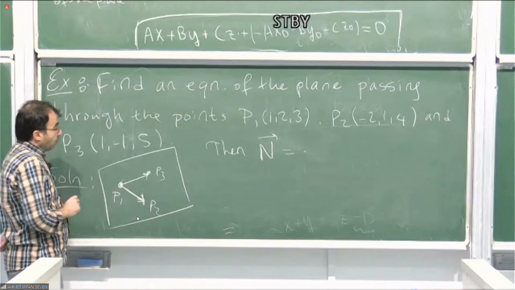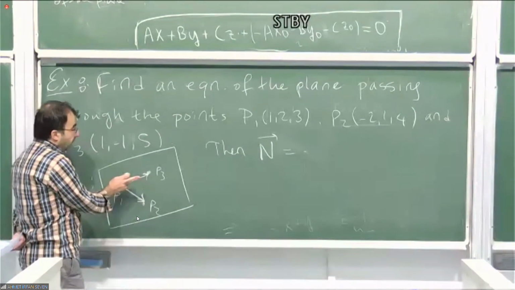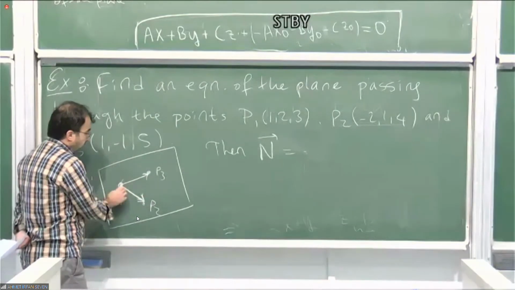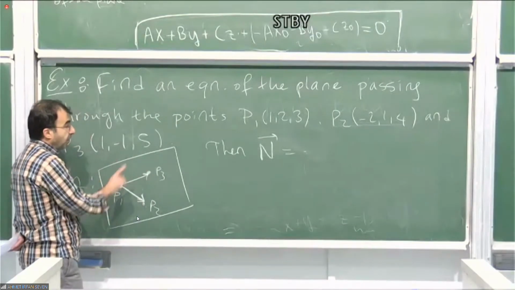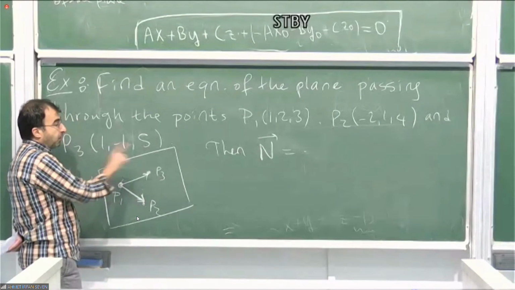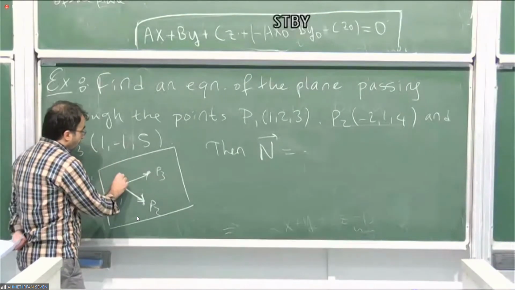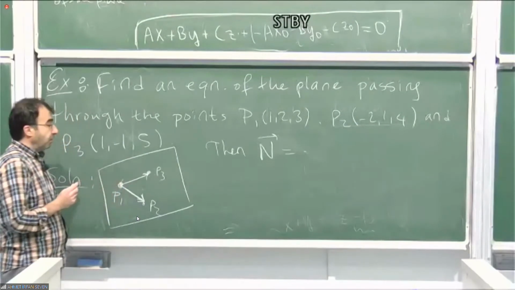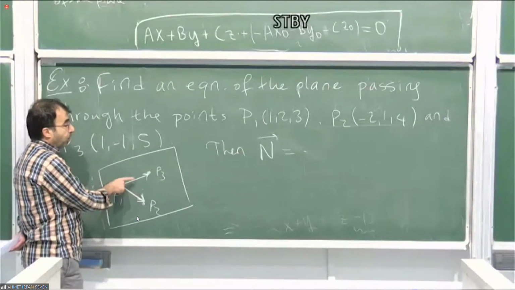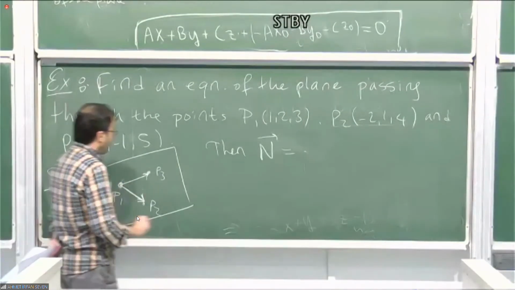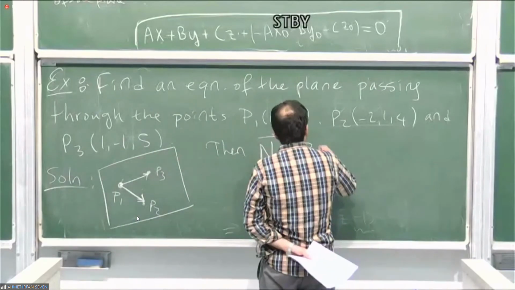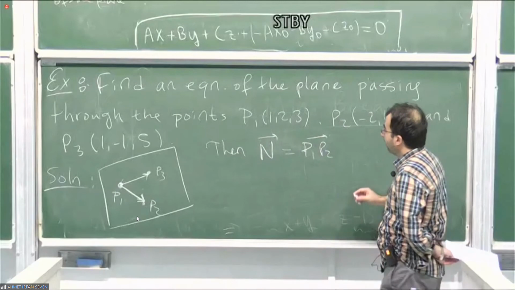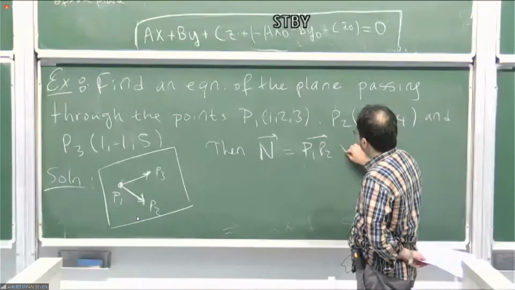Then, if I find a vector which is perpendicular to both of the vectors P1P2 and P1P3, then it will also be perpendicular to the plane, so parallel to n, all right? And how can I find such a vector perpendicular to both of these vectors? Well, we immediately remember, when we hear the term perpendicular, the cross product. So the cross product is such a vector.